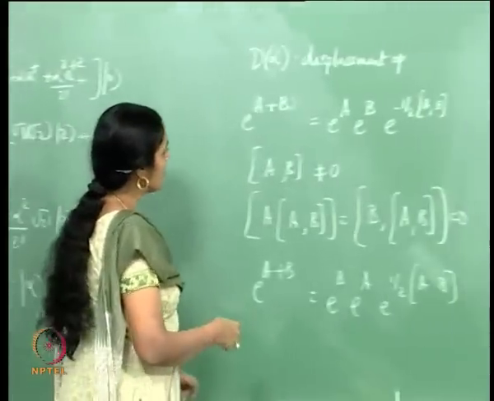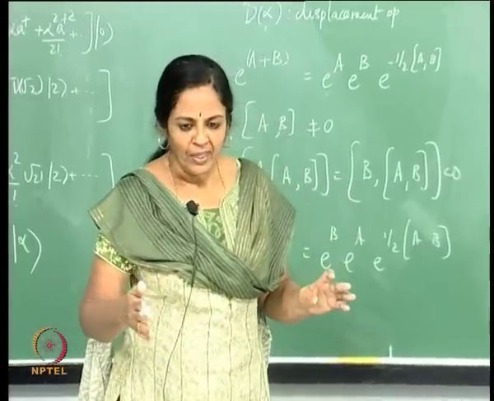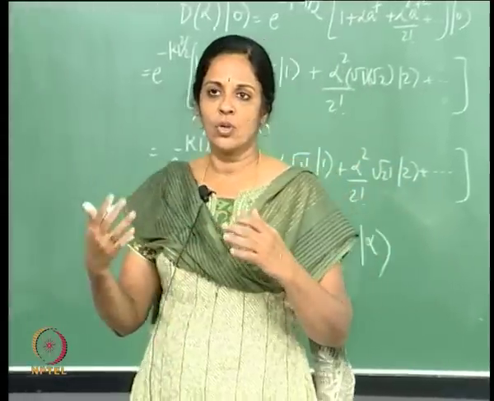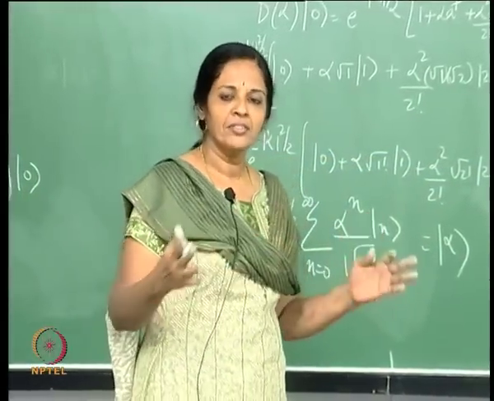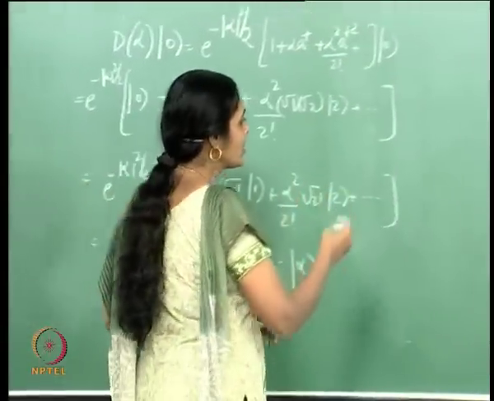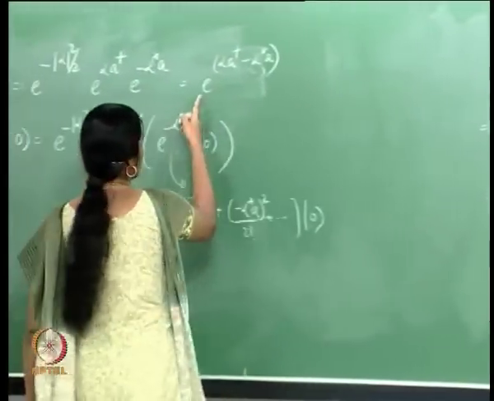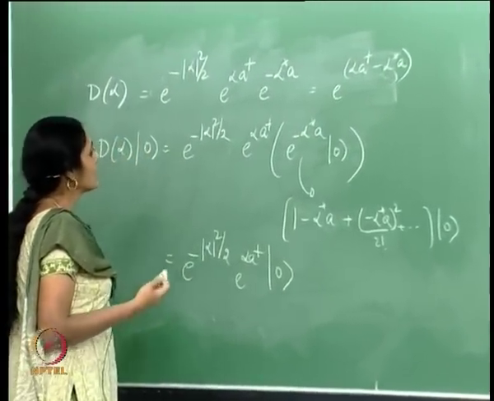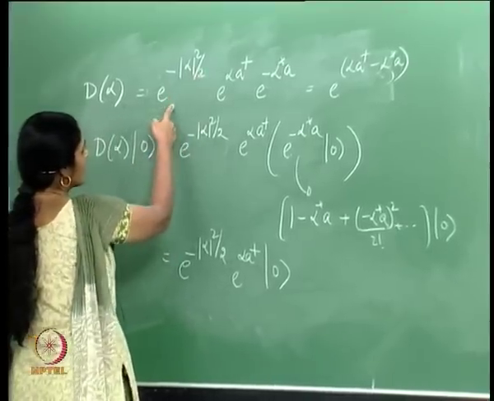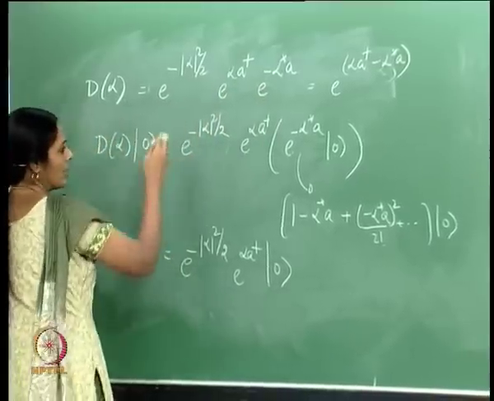The disentanglement relationship itself is one of a variety of formulae which belong to the Baker-Campbell-Hausdorff formula and variants of the Baker-Campbell-Hausdorff formula. So I have used one such specific formula in this case, and I have written the displacement operator as e to the alpha a dagger minus alpha star a, or I can pull out this e to the minus mod alpha squared by 2 and write it in this manner, which is what I have done.